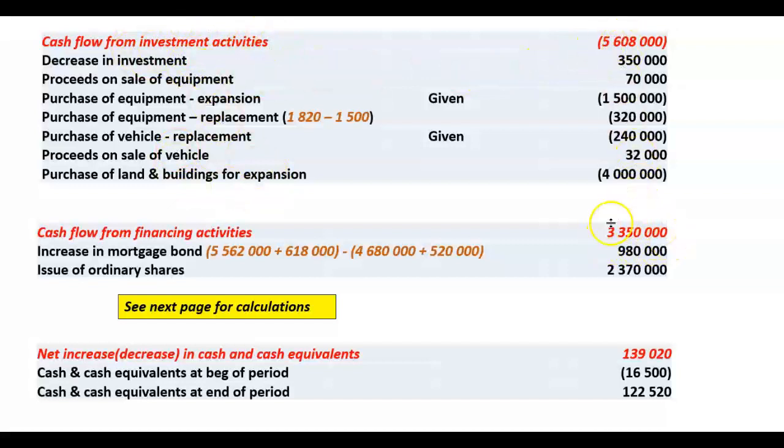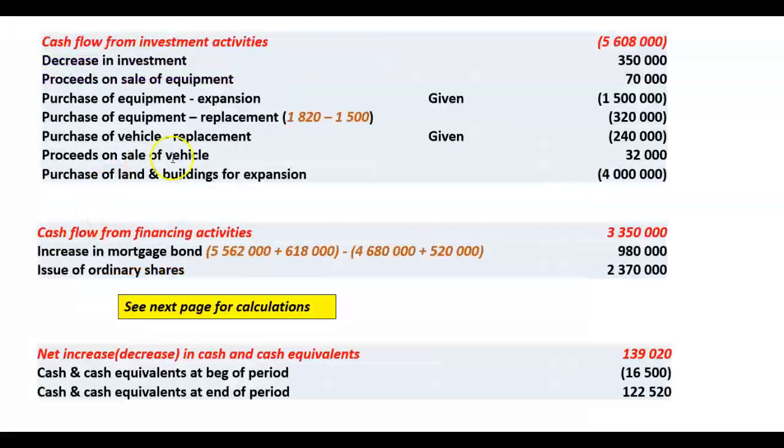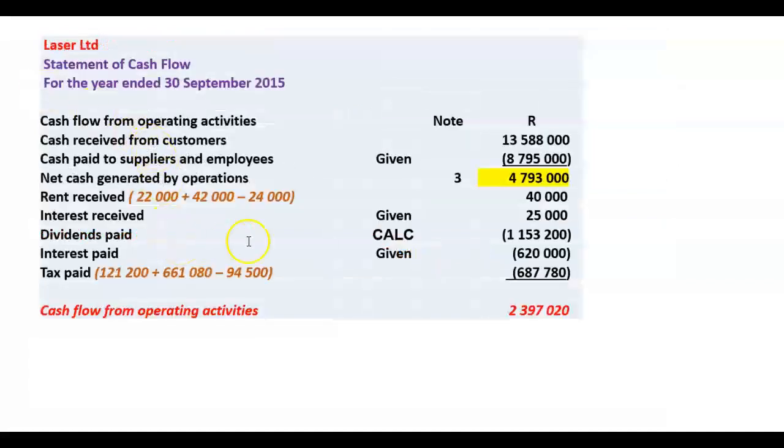We have funded that with 3.3 million out of financing activities. But that means by implication, we have used a lot of cash from our operating activities to fund our financing activities. There's just a little increase in cash and cash reserves at the end of the year. Is it wise? Well, that remains to be seen.